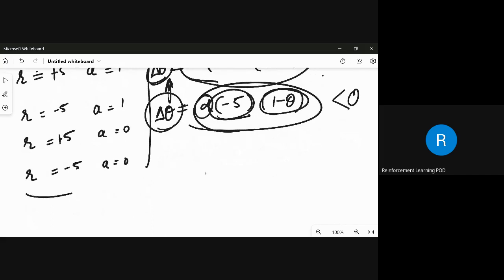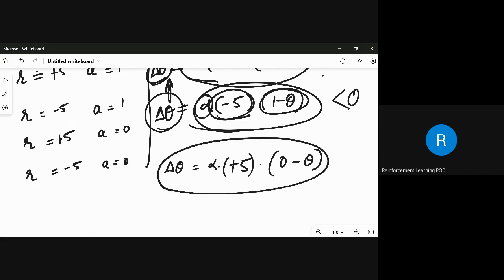Now let's look at the other two cases. Delta theta is alpha times plus 5 times 0 minus theta. Okay, now this whole quantity is going to be less than 0. Why?